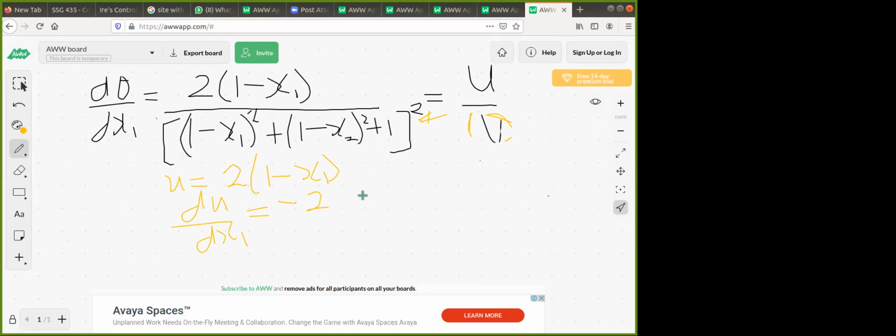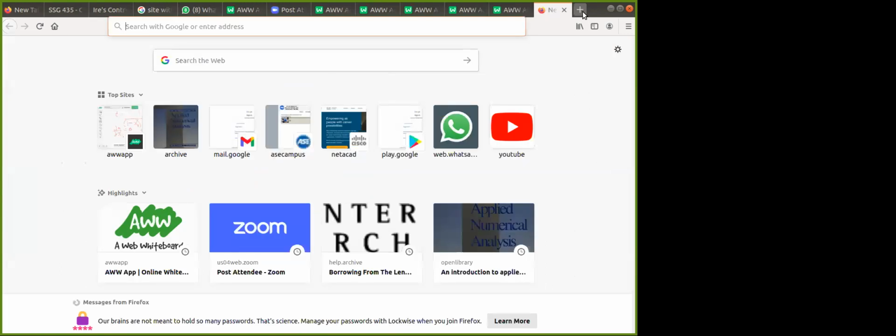So now our v is this whole thing here. Now differentiating this one I just circled with respect to x1. Now, this one, if you notice, let me take it gradually. Let's go to a new page.